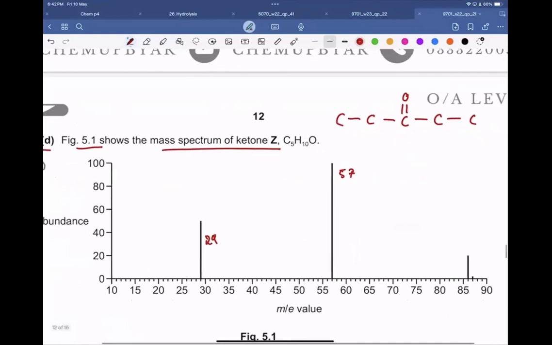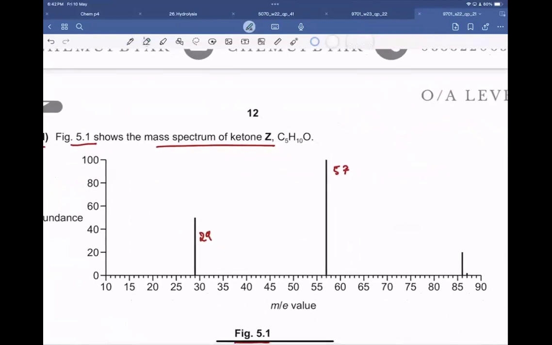Let's assume Z is CH3CH2C double bond OCH2CH3. Why did I choose this? Because it's a ketone with 5 carbon atoms, so first I go with the simplest one.